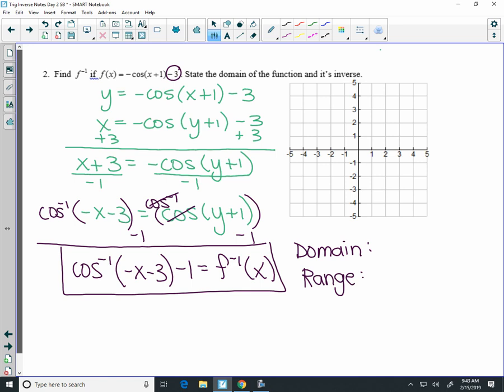So our cosine graph got moved with the midline down to -3. What's the amplitude of it? It's 1. So from -3, we're going up 1 to -2 and down 1 to -4. So there is our range of the original: -4 to -2. That becomes the domain of our inverse.